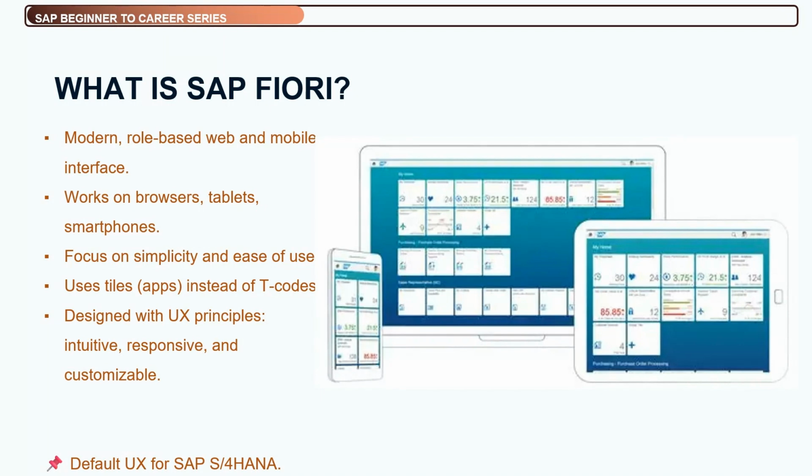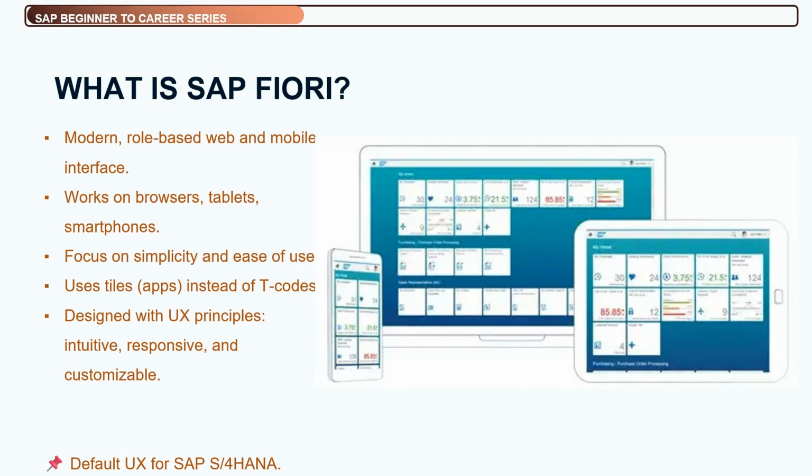SAP GUI is more like a transactional interface, whereas Fiori has improved. It provides more user experience than SAP GUI. It uses tiles instead of T-codes. As I mentioned, if you want to do a transaction in SAP GUI, you need to use transaction codes.